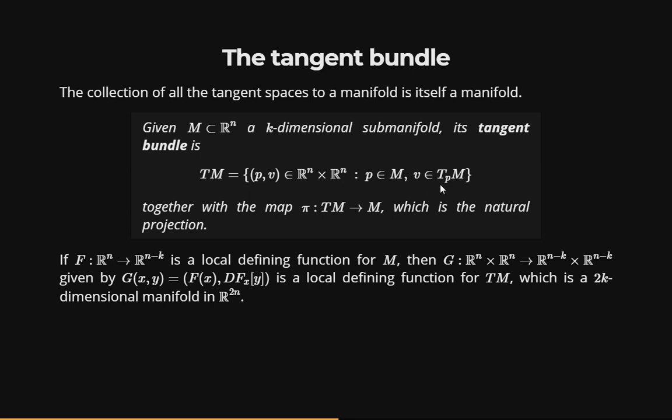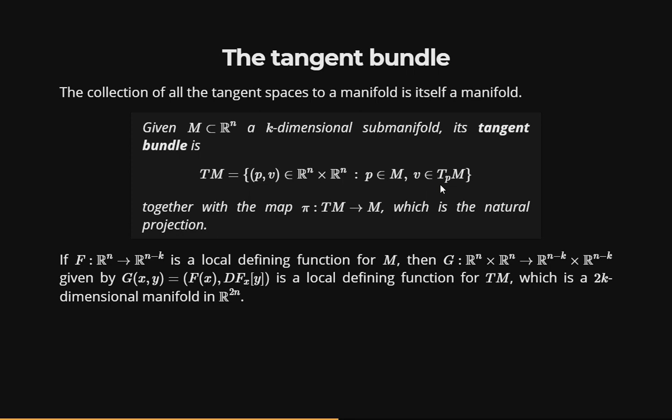When both are 0, you have a point x which belongs to M and a vector y which belongs to the tangent space at x. And it's easy to work out the details. This is a 2k-dimensional submanifold in R2n. So the tangent bundle of the circle is a surface: because the circle has dimension 1, the tangent bundle has dimension 2.